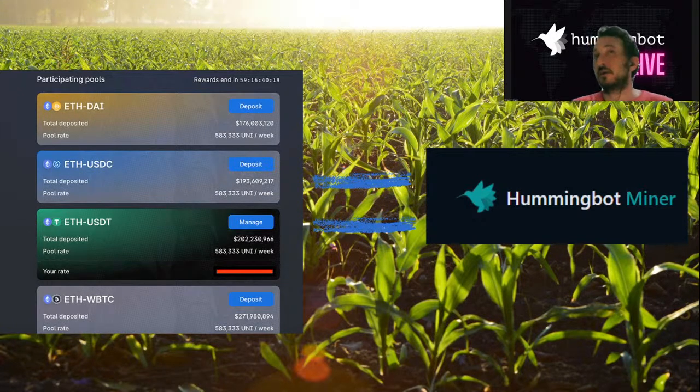So if you're going to start a bot, start a strategy, a market maker strategy, and it isn't good enough, it isn't profitable, you're probably going to lose money, and what you're going to receive from the rewards won't be good enough.